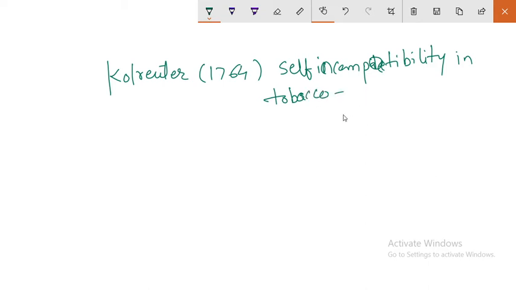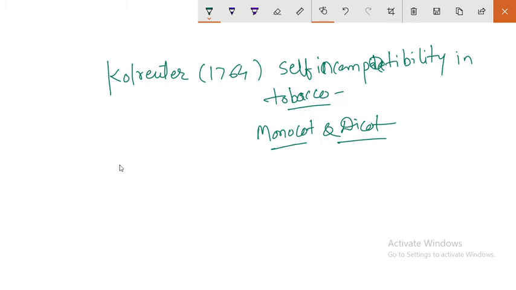This phenomenon is also observed in many monocot and dicot plants.